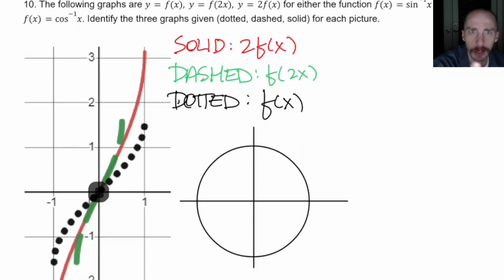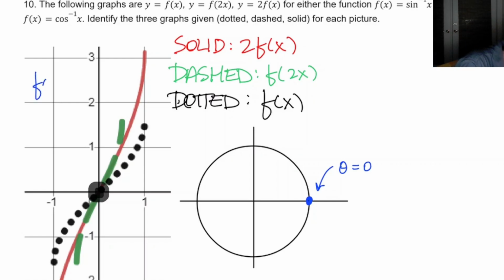Well, let's just go to theta equals 0 on the unit circle and figure it out for ourselves. Okay, that's theta equals 0 right there. The coordinates of this point would be 1 and 0. What's 0 is the vertical distance from the x-axis, which means that sine of 0 is equal to 0. Okay, so that means that I'm looking at the graph of f of x equals arc sine x.